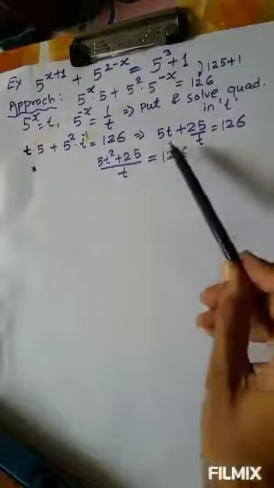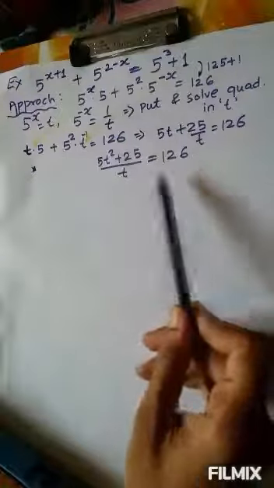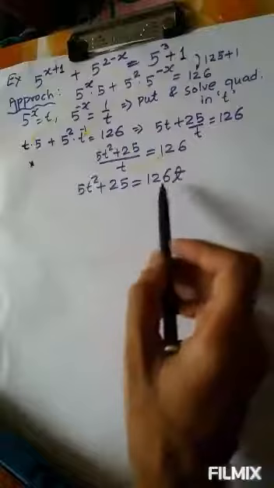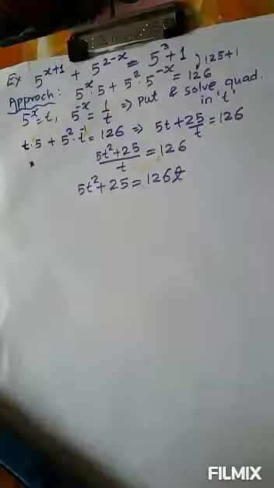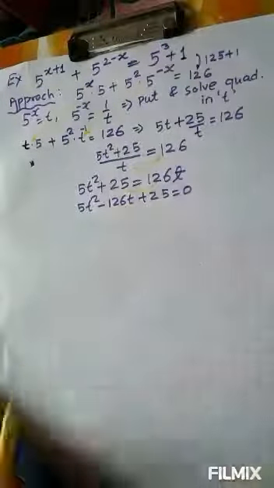Taking LCM, t would be multiplied here, so we get 5t square plus 25 by t equals 126. T is cross multiplied here, and we get 126t, which we can shift to the left hand side, so it becomes minus 126t.